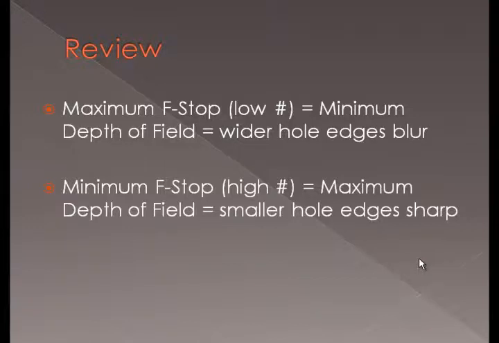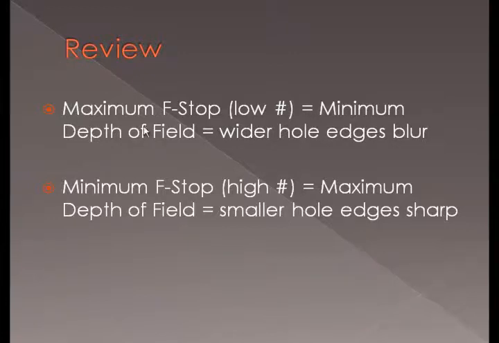So you can use whatever kind of memory trick you want. If you want to focus on low number, minimum depth of field, high number, maximum depth of field, and think of it that way, jot it down. Make a note of it for your cheat sheet. If you want to think of it, maximum gives minimum and minimum gives maximum, okay, commit that to your head.